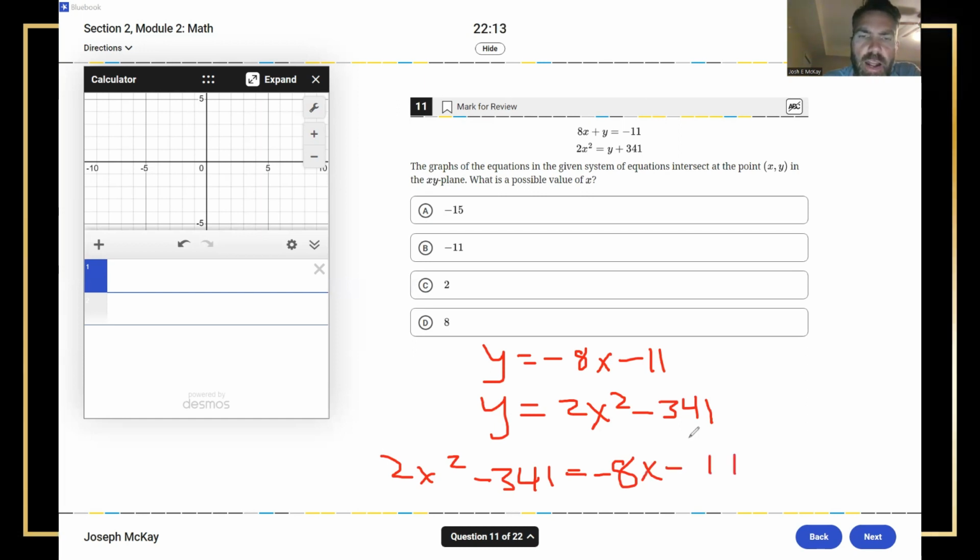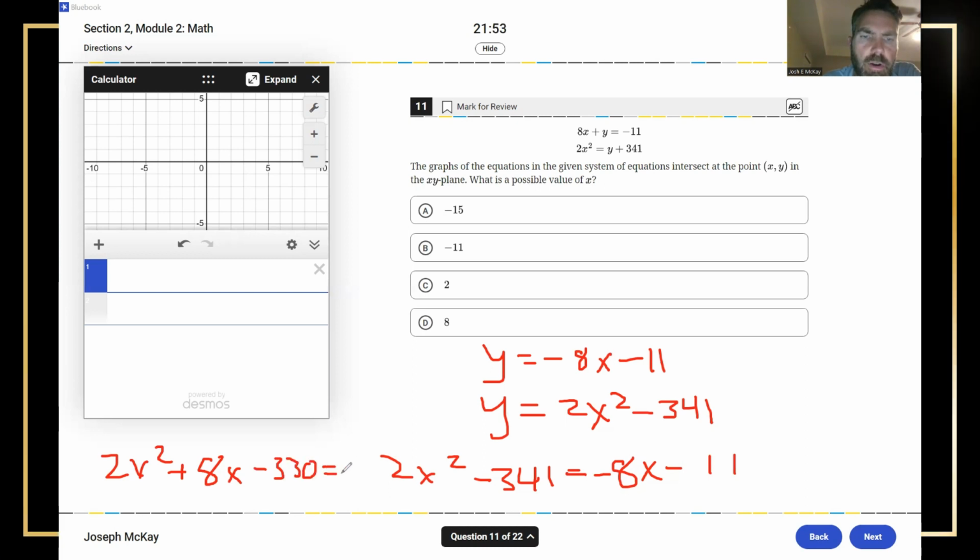To solve a quadratic, I want to set it all equal to zero. So over here, I'm going to go 2x squared plus 8x. And then I'm going to add 11 to this 341 and get minus 330.